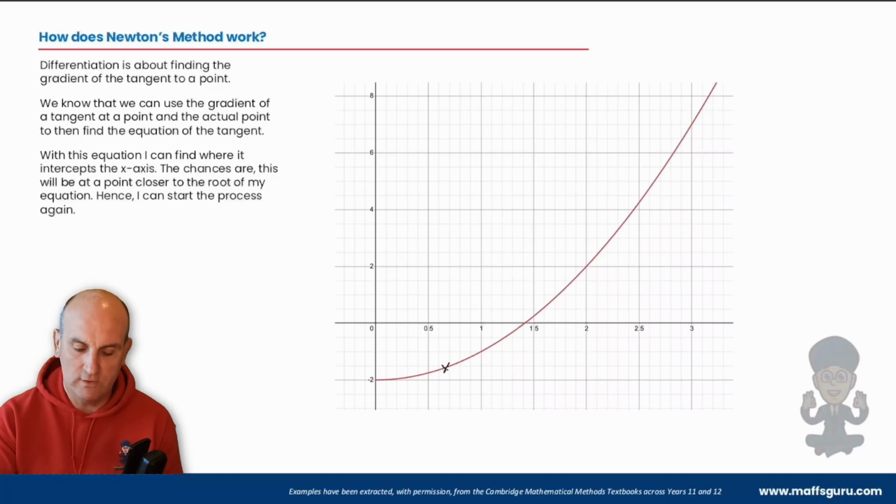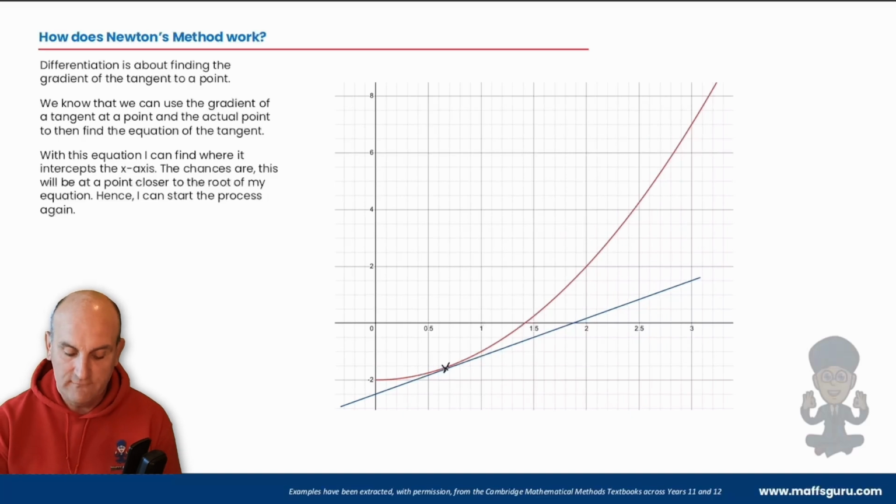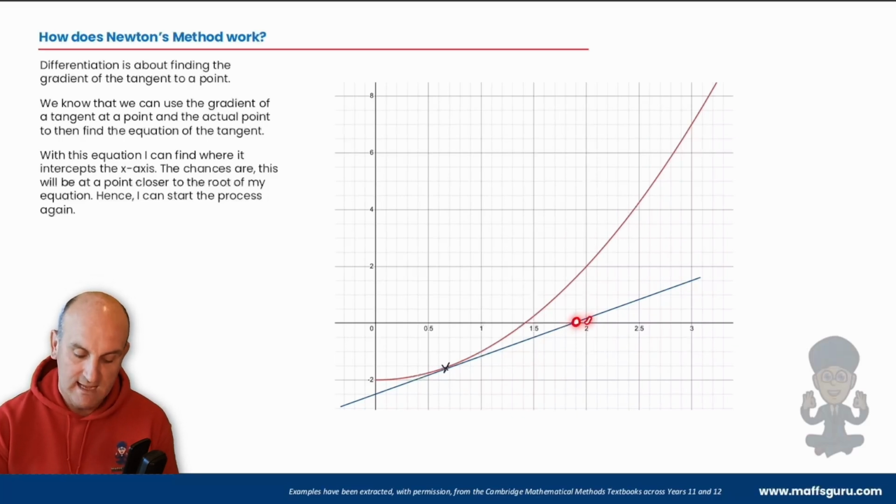If I draw a tangent to that point, and I'm going to try really hard to draw a good tangent, oh, actually, that's not bad. What do I notice? Hopefully it's going to cross at a particular point. It's not the point I'm looking for, but it crosses at a point here.